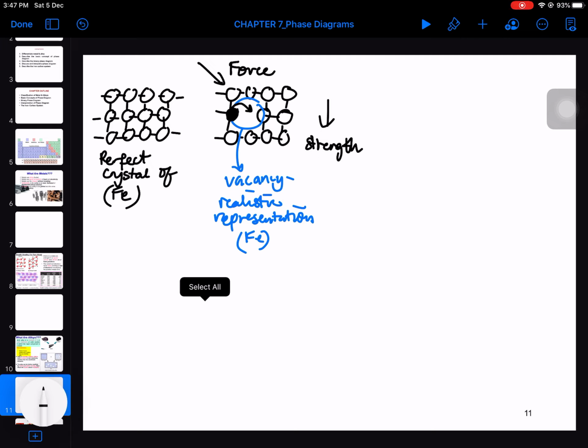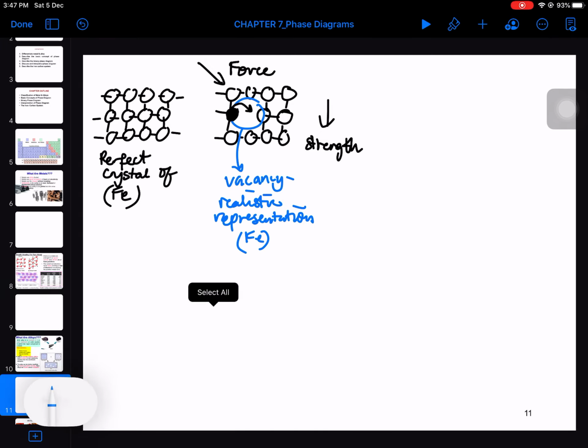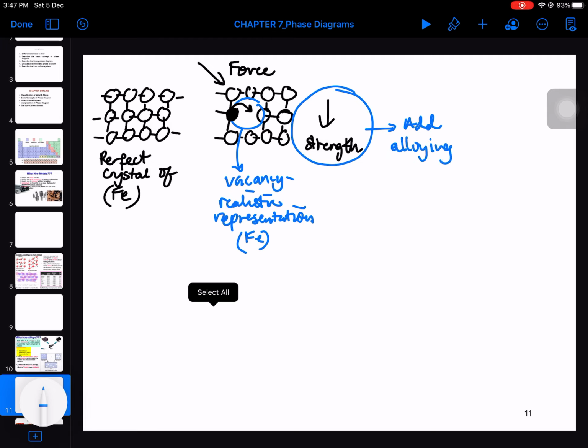So in order to improve the strength of the iron, we need to add something else. We can add what we call an alloying element.